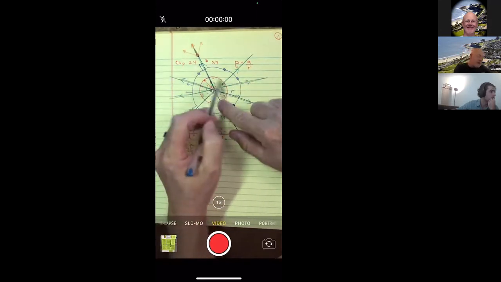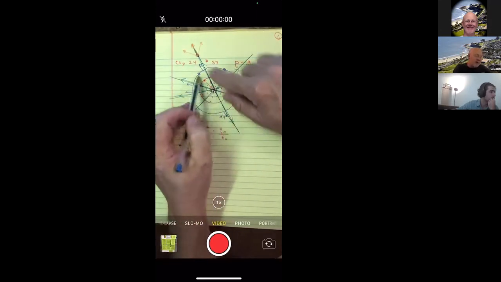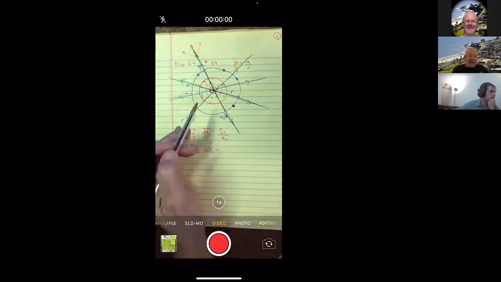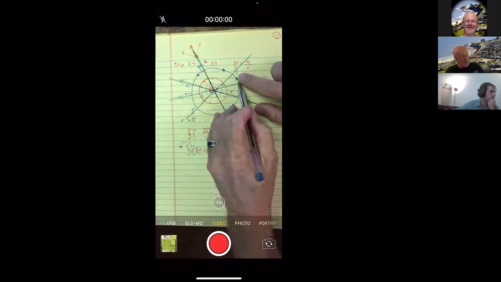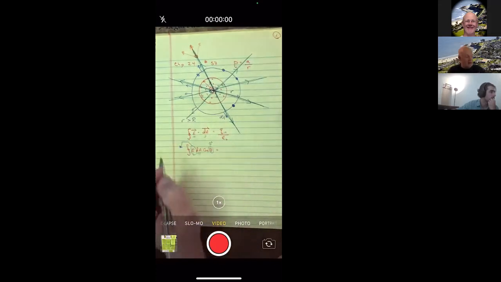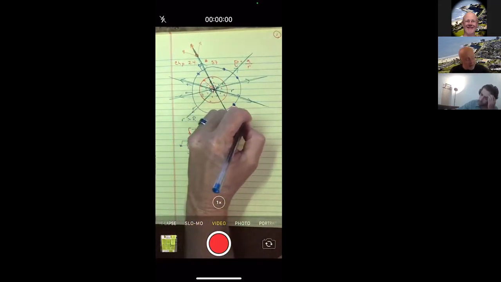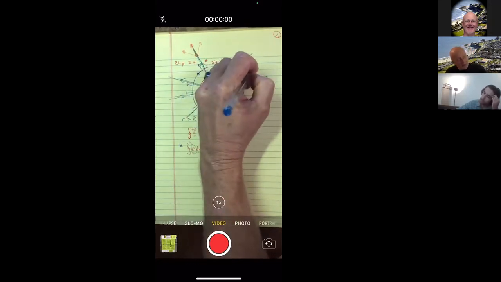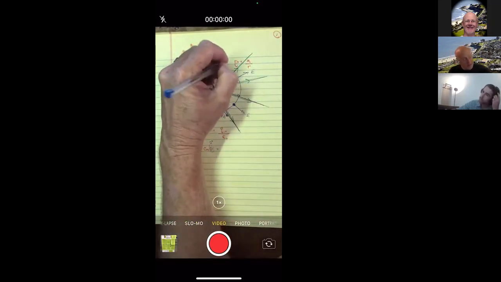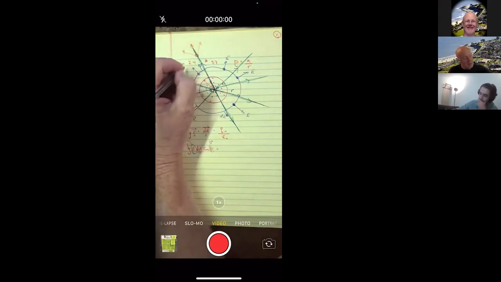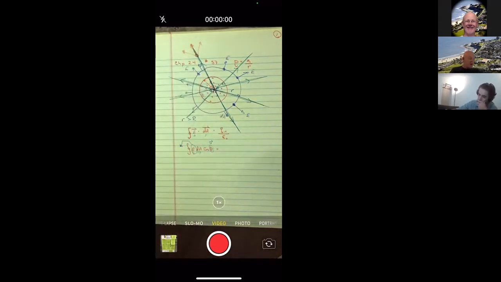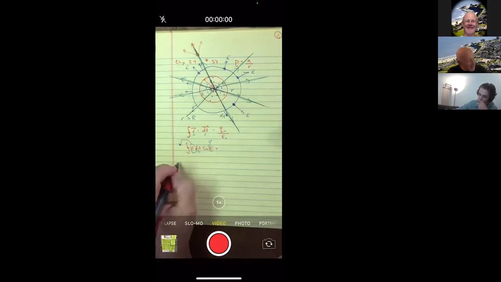If you look at the charge distribution from that perspective, you'll see it looks exactly the same whether I'm here or here or here. And therefore, the electric field that it creates would have the same magnitude.